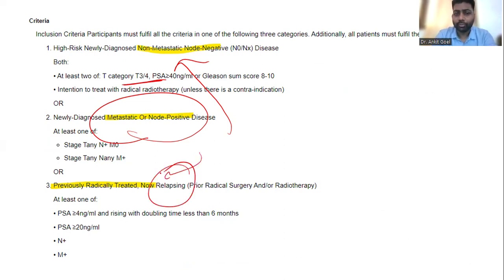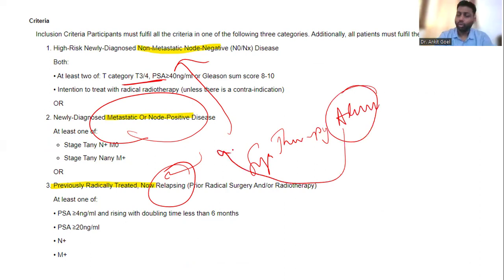Stampede stands for systemic therapy in advancing and metastatic CA prostate. So it not only includes metastatic CA prostate, it also included non-metastatic, locally advanced cases.